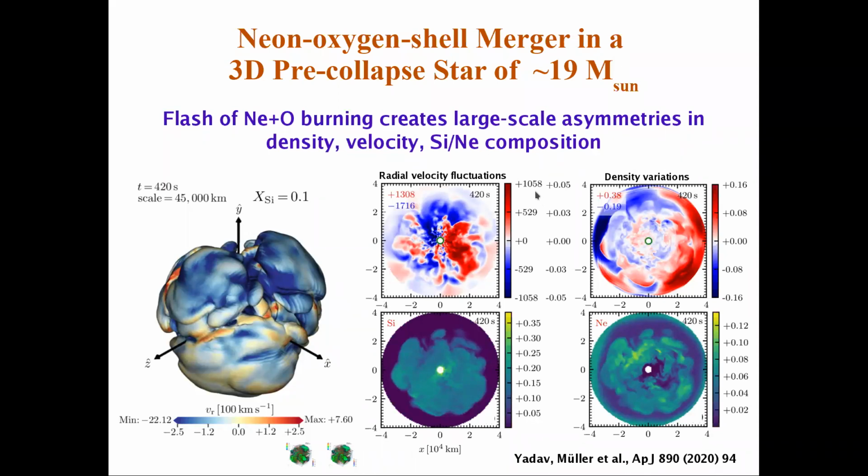This is actually the velocity, and you see that you have radial velocity perturbations. These velocity perturbations create acoustic waves which propagate outwards, and these waves transport energy over the long period of oxygen burning, for example, several days or so, towards the surface layer of the star.